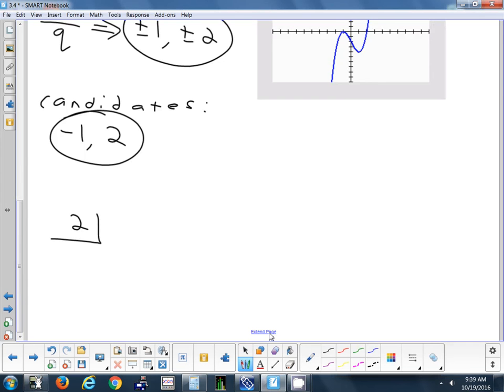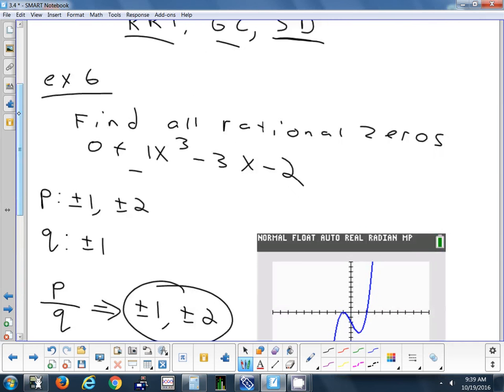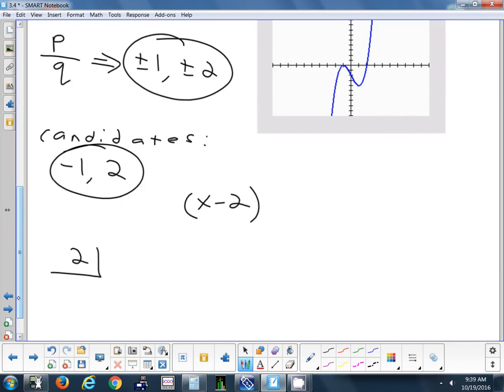And remember, if we already know something is a factor, which I do, I know x minus 2 is a factor of this, because I graphed it and it crosses the x-axis at 2, which means x minus 2 is a factor. Well, when I divide through by x minus 2, my quotient is also a factor. Okay, so I'll get my quotient, and then I'll find the roots of that.